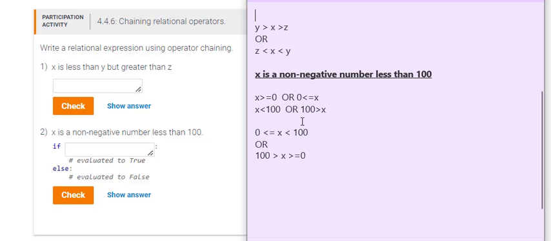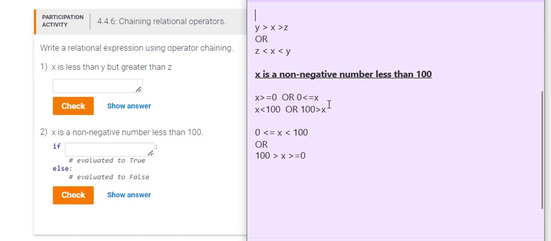You can compare it to the 100 to determine where your operators will be in which order. So the x is less than 100 here. You could switch that and say 100 is greater than x. You could do that either way.